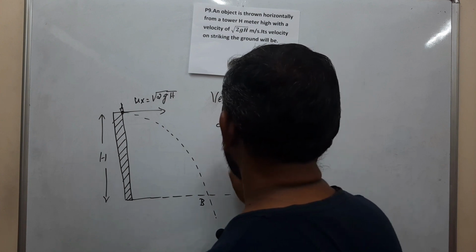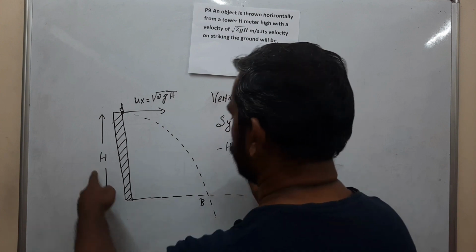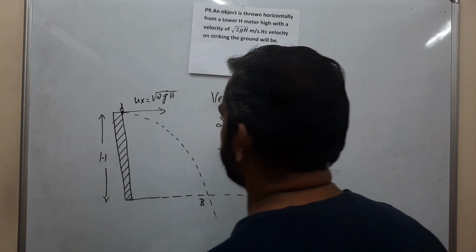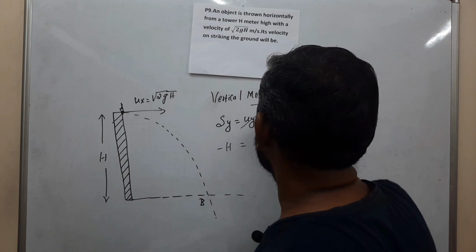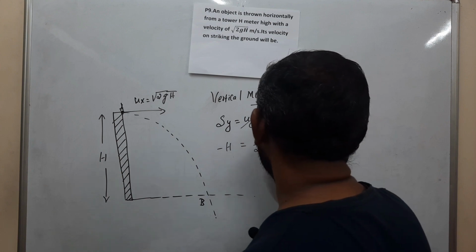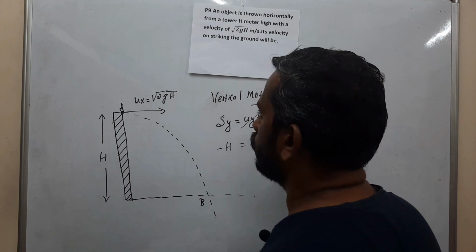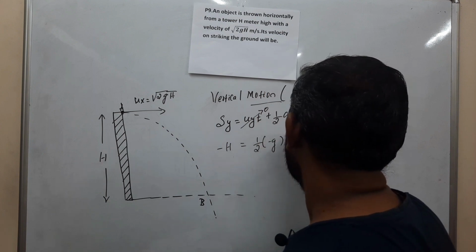So minus h is equal to uy, the initial vertical velocity, that is 0, so this term becomes 0, plus half into minus g into t square.